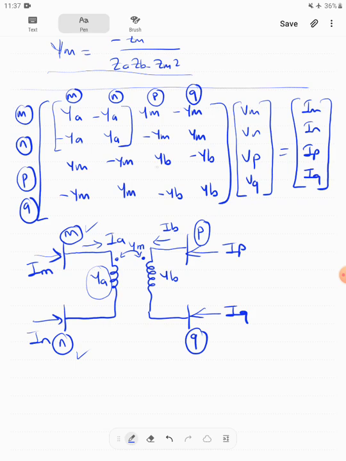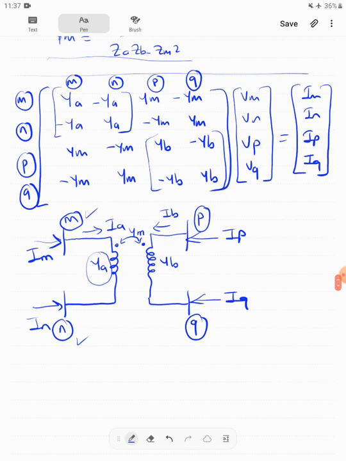When we come to here, for example, I want to draw another 2 by 2 matrix, and as you see, this matrix consists of only YB and minus YB. If we come to this figure, YB, which is located here, is placed between bus P and bus Q. And if we check the row names, these are the row names as PQ, and these are the column names as PQ.